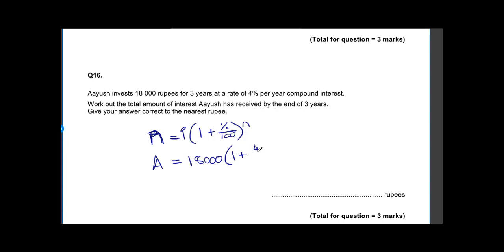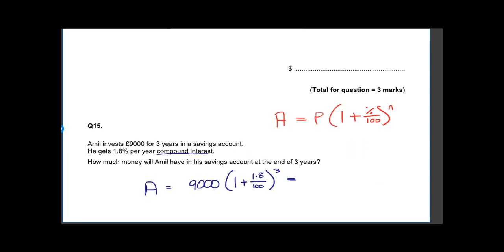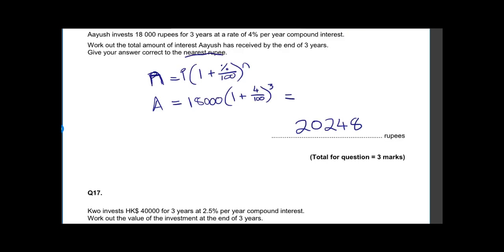But I'll just put it in anyway. I mean, this is the easiest 3 marks you'll ever get. 1.04 cubed times 18,000. So 2247.55. Nearest rupee. Alright, the nearest rupee, so it's 2248. That's it. Let's just check the last one. Yeah, they didn't say the degree of accuracy. Yeah. That's it.